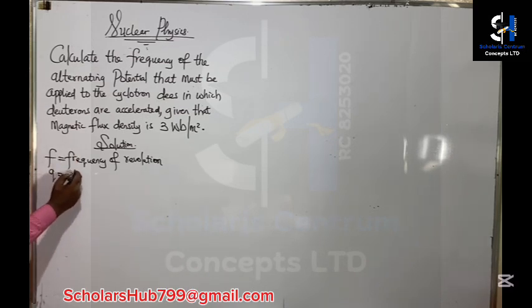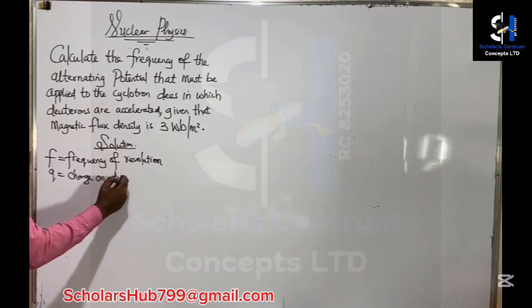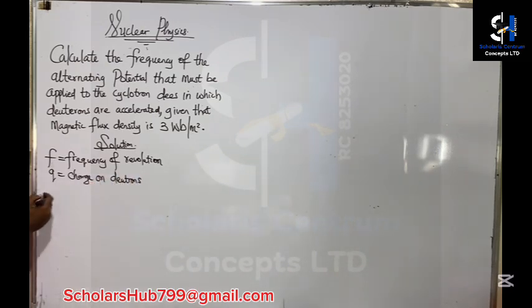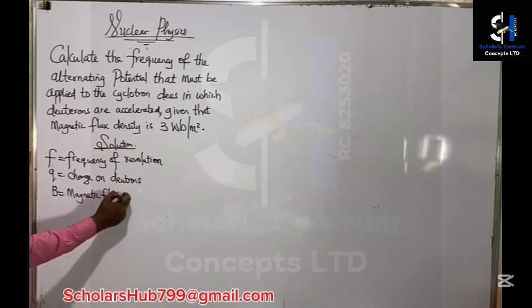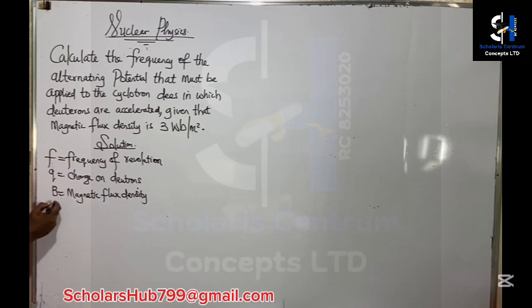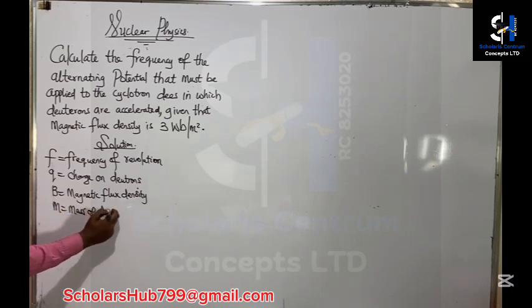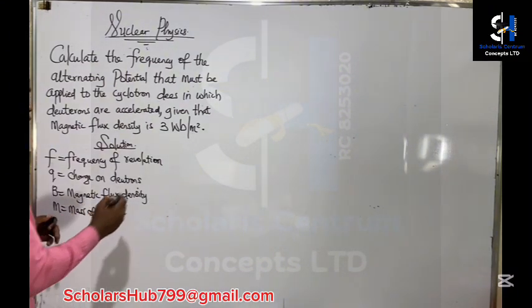Q is the charge, in this question the charge on the deuteron. We are also given the magnetic flux density, B. We also need the mass of the charged particle, which is the mass of the deuteron. Now let's write down the formula.